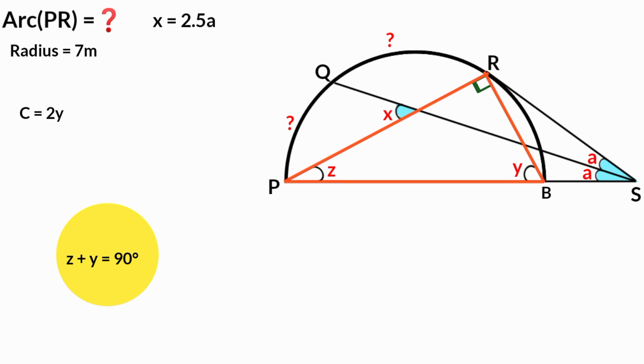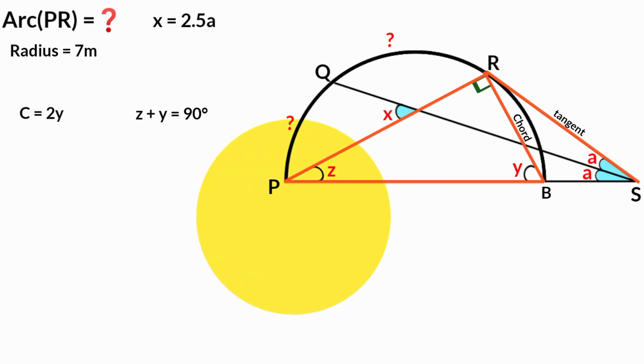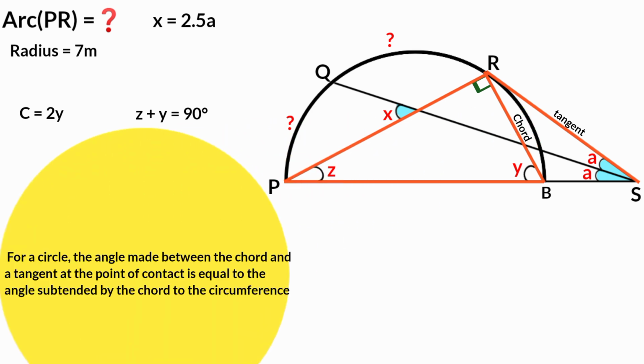Keep it aside. Now come here, look at this line RS. It is a tangent at this point here. This line BR is a chord, and this angle Z is subtended by chord BR. Now from the circle theory, there is a rule that the angle a tangent of a circle makes with a chord through point of contact is equal to the angle the chord makes with the circumference.